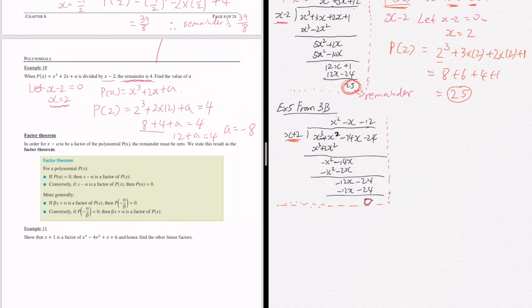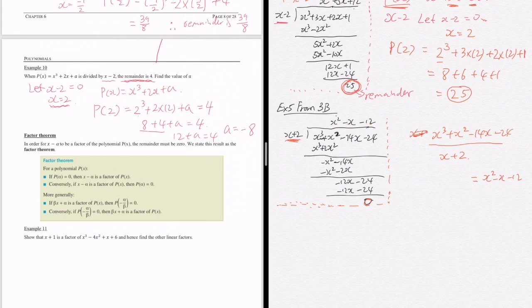In this case we say x plus 2... Let me rewrite it. x cubed plus x squared minus 14x minus 24, divided by x plus 2, is equal to x squared minus x minus 12. There's no remainder.